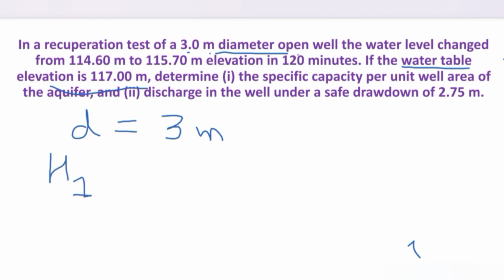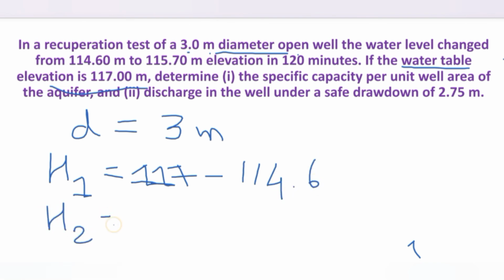So from this we can find out H1 and H2. H1 will be equal to 117 minus 114.6 and H2 will be equal to 117 minus 115.7.